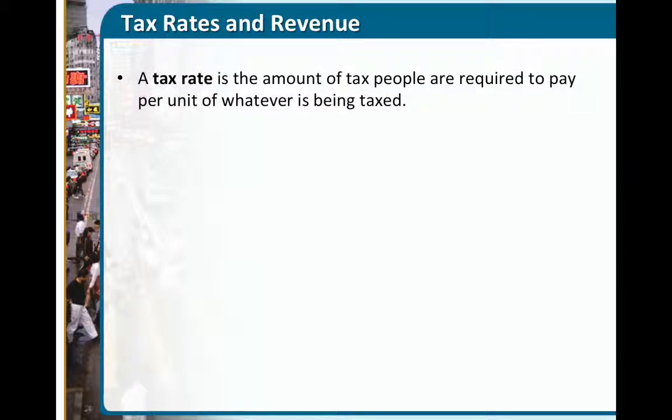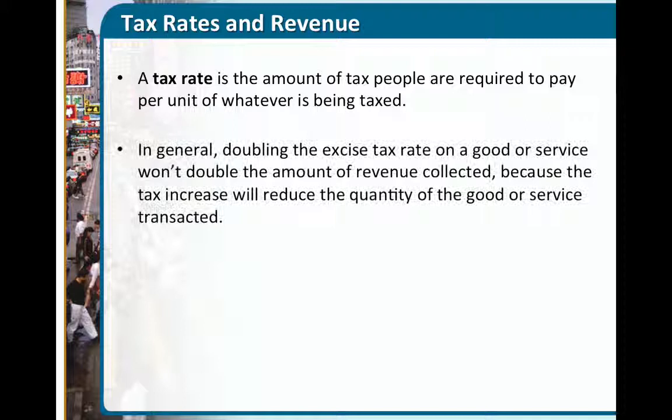So the tax rate here is the amount of tax people are required to pay. And generally, when you increase the excise tax rate, you won't get the same amount of revenue in proportion, mainly because there's the price effect and the quantity effect.